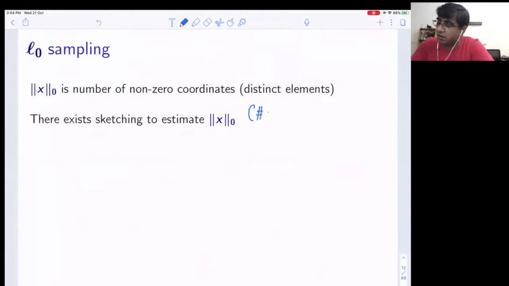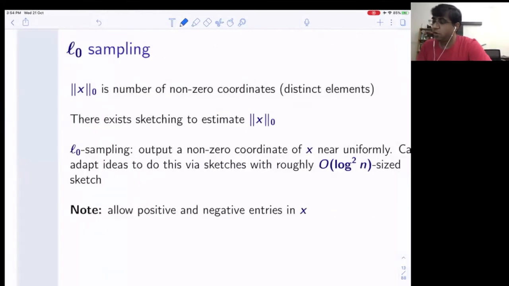We never saw this algorithm, we saw a different one, but there are algorithms which can estimate x's L0 norm with a sketch. But that is not what we will do.